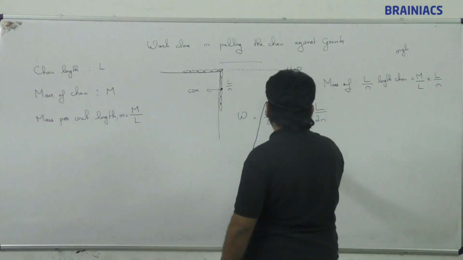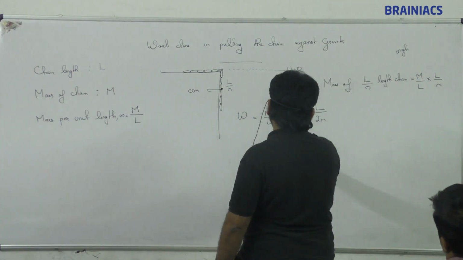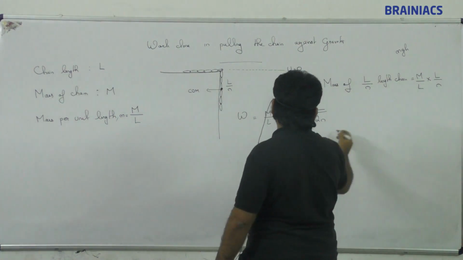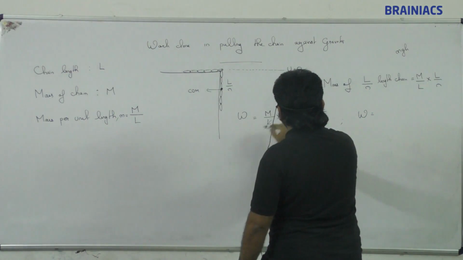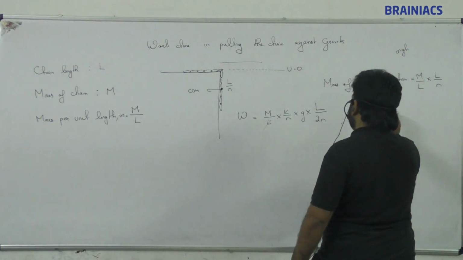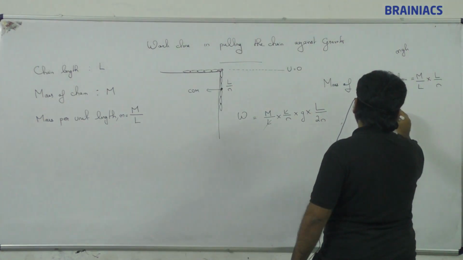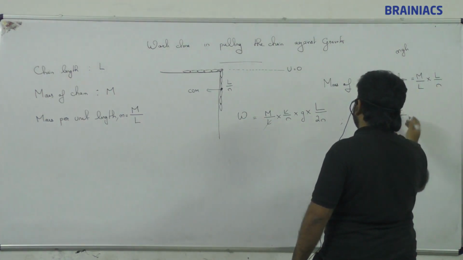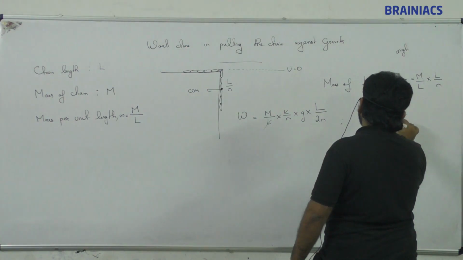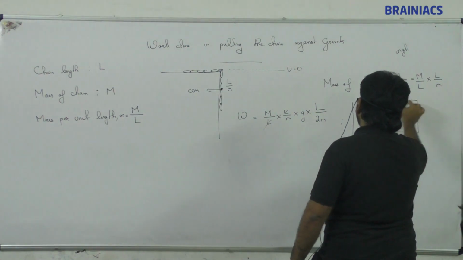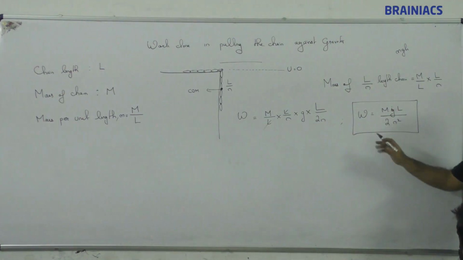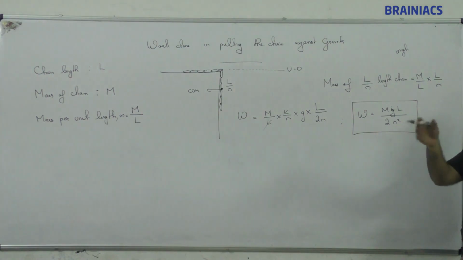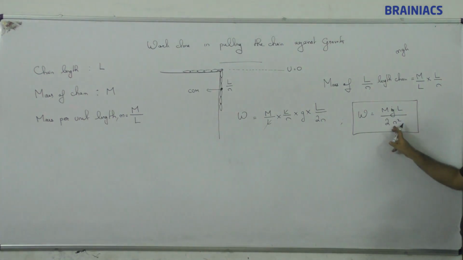So what I could write? The work done, if we cancel this L, will be MgL divided by 2N square. Understood or what? So if you know what fraction is hanging, you can directly apply that N here.